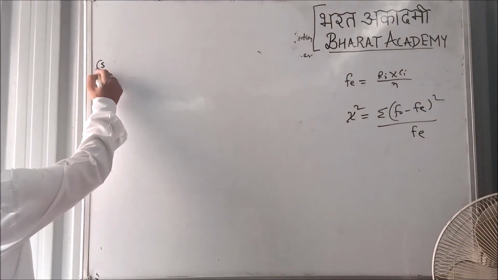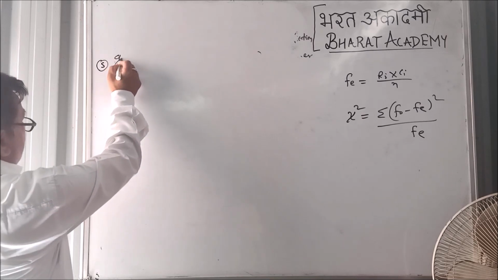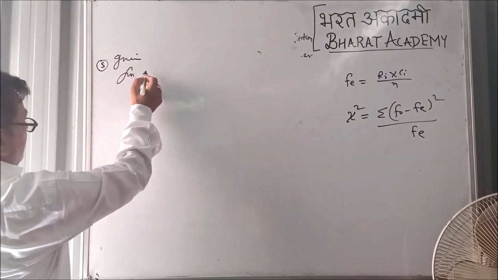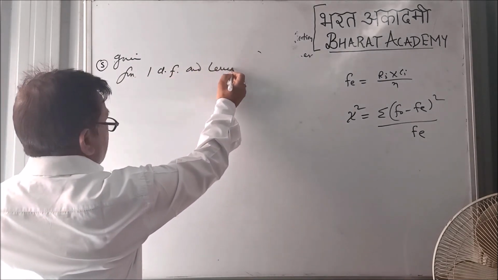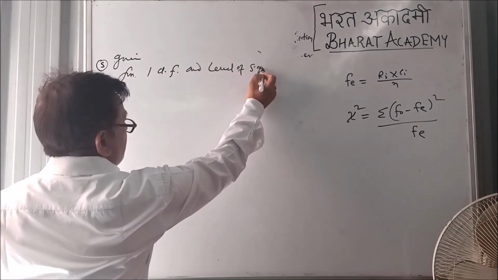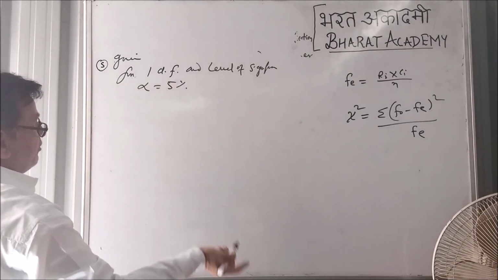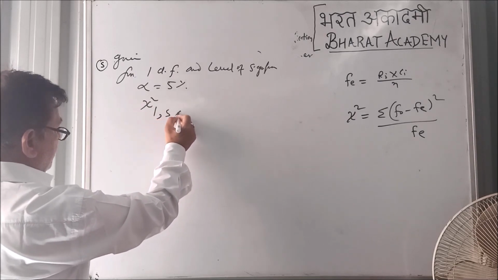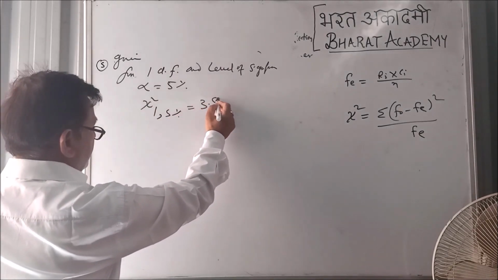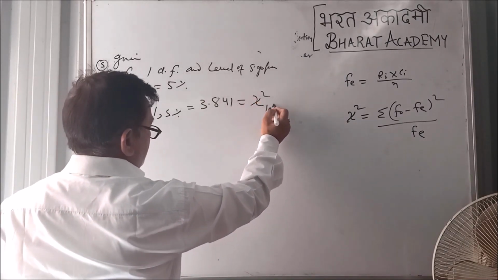And the fifth step in hypothesis testing: it is given in the question, for 1 degree of freedom and level of significance alpha equal to 5%, the chi-square value, chi-square 1 comma 5%, was given as 3.841. This is your tabulated value.